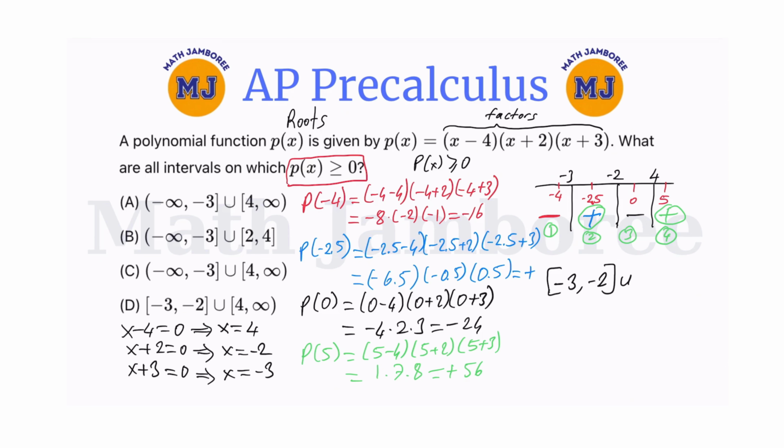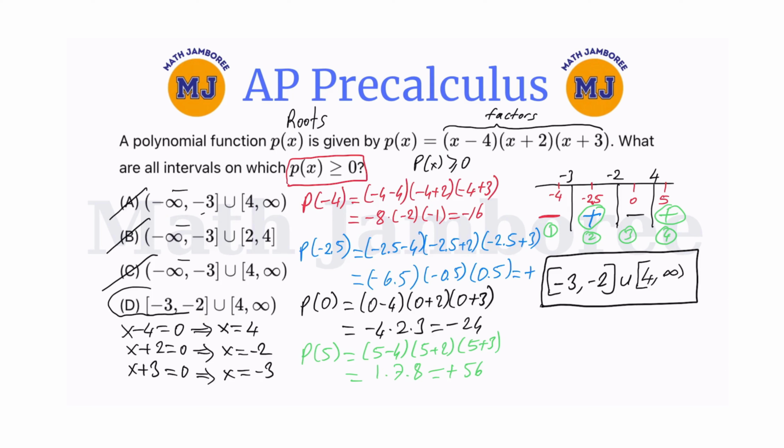Union with starting from 4, and we will include 4, and positive infinity. Technically, if you look at the choices, they said negative infinity to negative 3 is positive. No, it's negative. But choice D is the answer we're looking for.